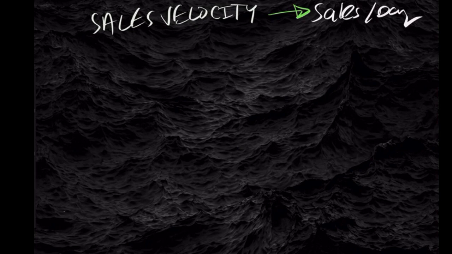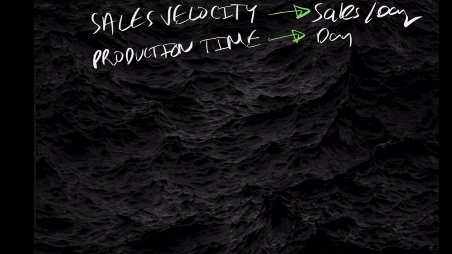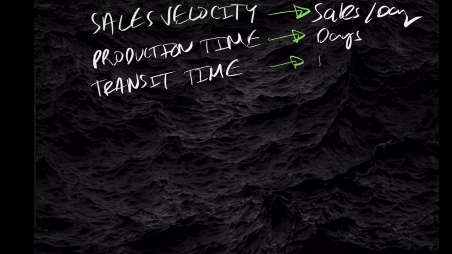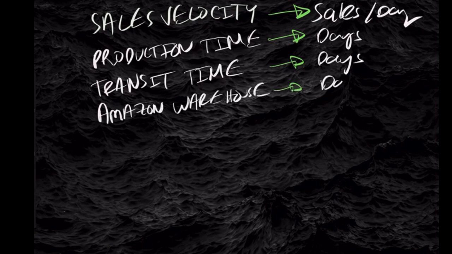The next thing we need to understand is the production time, or the lead time that it's going to take to actually produce our product, and this is going to be in days. The next is our transit time to the destination country, that's also going to be in days. Next is actually getting it checked into an Amazon warehouse for sale, that's going to be days as well.